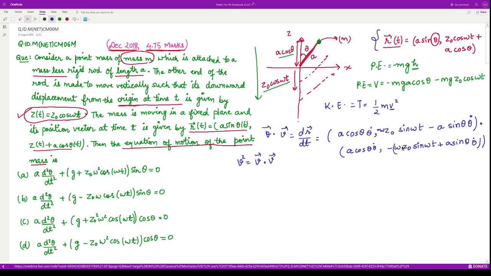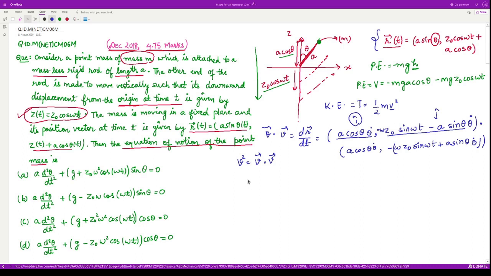So when you take the dot product, this is the vector with I cap, this is the vector with j cap. So you know, when you take the dot product, only the terms with similar direction are preserved.